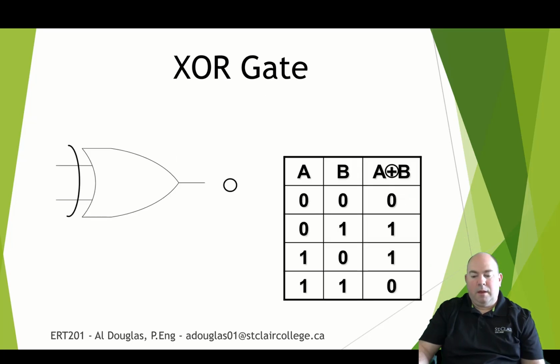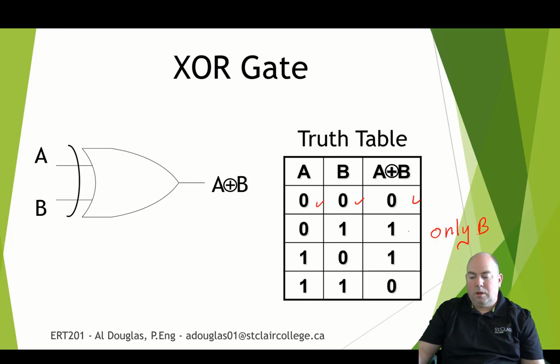And you can tell that by the truth table here. 0 and 0 gives us a 0. Only B gives us a 1. Only A gives us a 1. A and B gives us a 0.